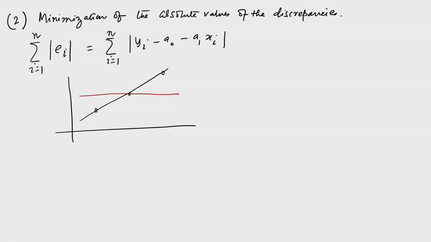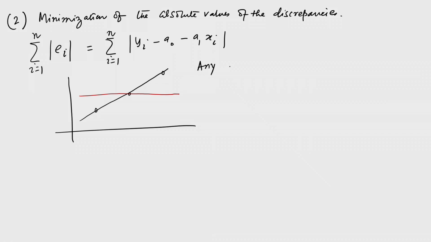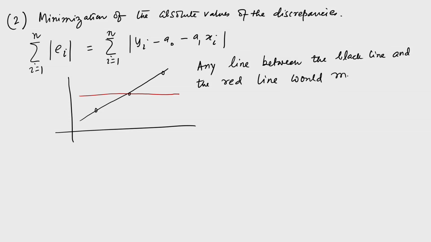Any line between the black line and the red line would also minimize this quantity, the absolute value of the error.